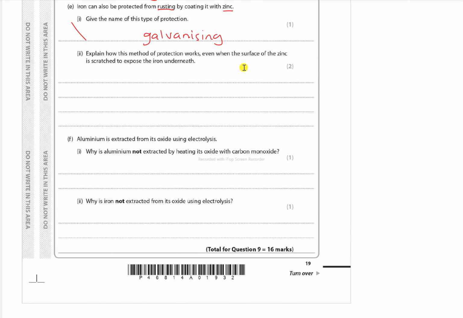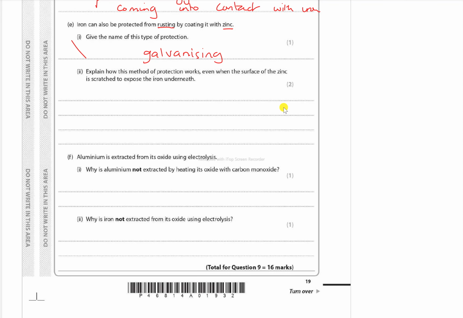Right. We've said this. How does this work? So we need to explain how this method works. First of all, you write zinc is more reactive. It's only a 2 marker, so it's not as detailed. It's more reactive than iron, I-R-O-N. So it loses electrons more easily or readily.